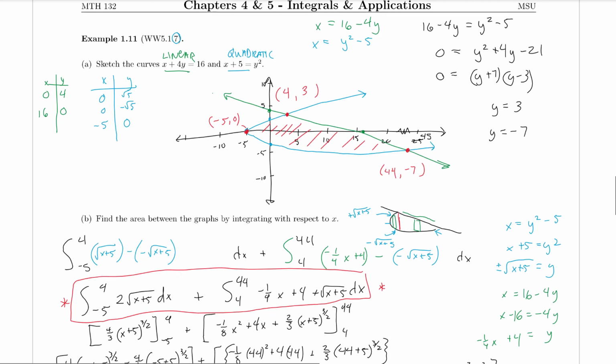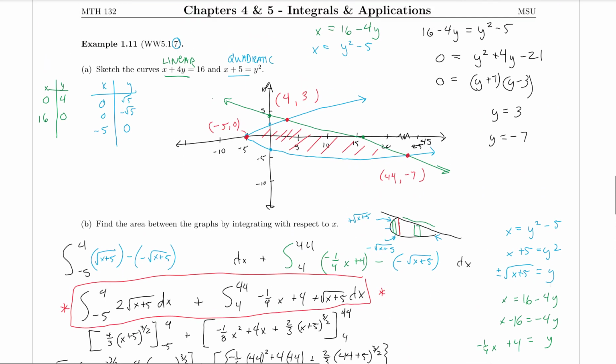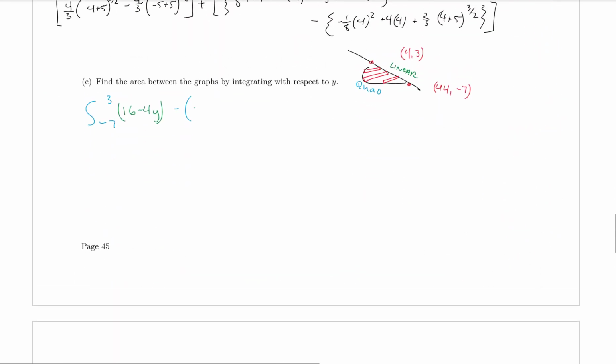of the linear function in terms of y, which was 16 minus 4y, and the quadratic function in terms of y, which was y squared minus 5. And now we have a much easier integral. We can simplify this one step.